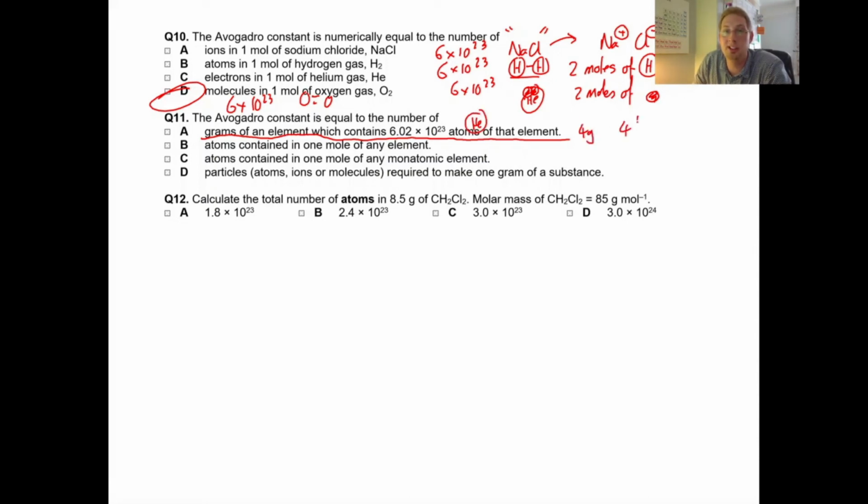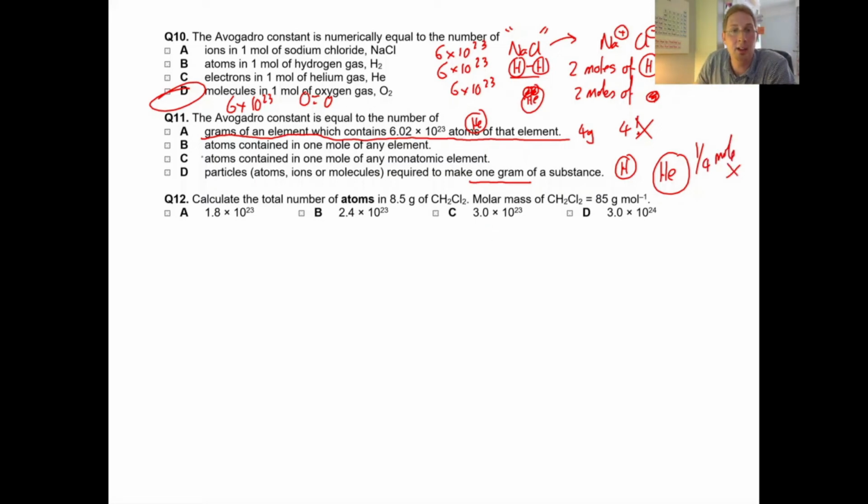And 4 is certainly not the Avogadro number. Particles required to make 1 gram of substance. Well, it takes the Avogadro's number of hydrogen to make 1 gram of substance, but if we're talking about helium again, to make 1 gram of substance, we only need 1/4 of a mole. So it's certainly not that.